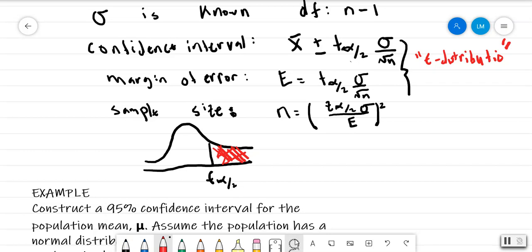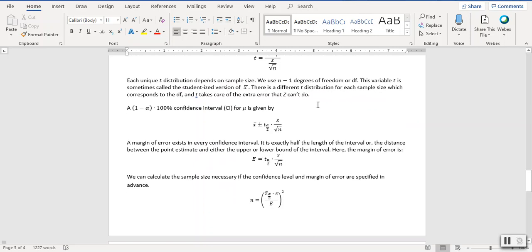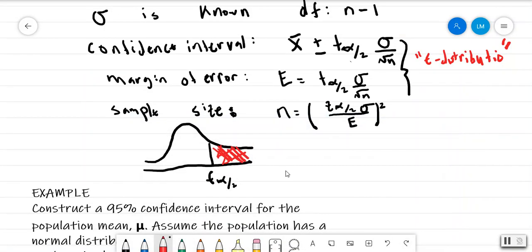So the standardized form of the t distribution is given by taking the t value equal to x bar minus the mean, all divided by the standard deviation divided by the square root of n.